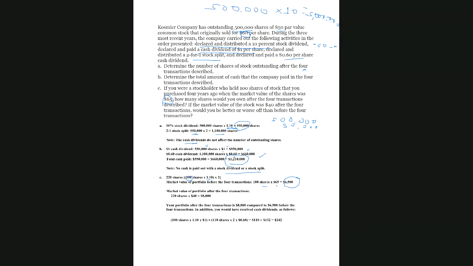Excellent, guys. Then what happens when the corporation had a 2-for-1 stock split? How many shares were outstanding after the split? Very good, 220 shares. You own 220 shares after the stock dividend and the stock split. I'm just tracing these events. Then the market value of those shares is $6,500. But that's how much you originally paid.